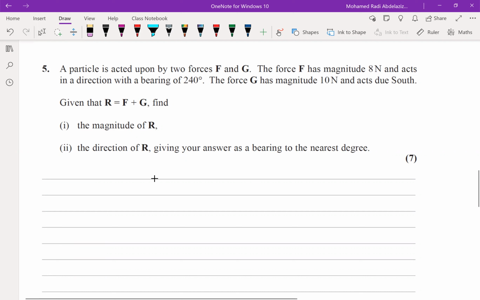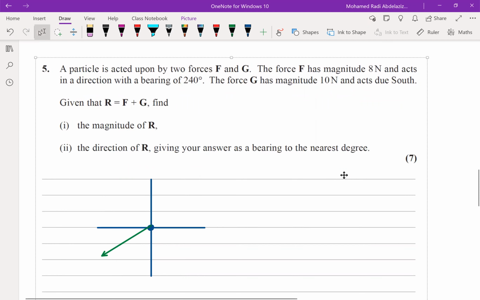We'll show the direction of each force first. Let's say the particle is at this point. The first force, which is F with bearing 240, is measured from the north direction.